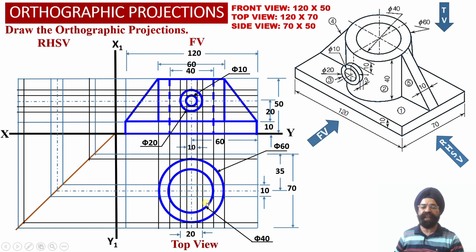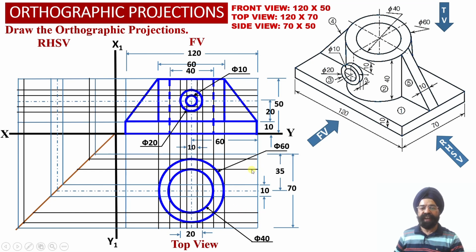The moment we obtain this true shape, once again two horizontal black projector lines, separated by a distance of 40 millimeter, are drawn by taking an offset of 20 millimeter from the center line toward the rear surface of the solid and an offset of 20 millimeter towards the front surface of the solid.